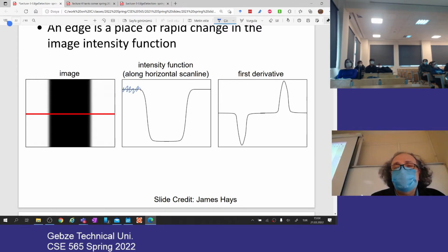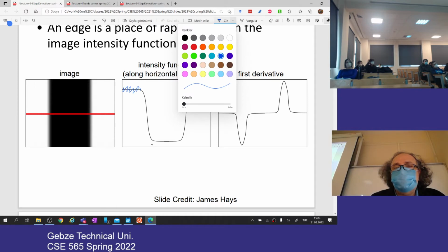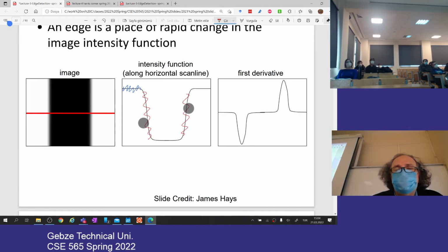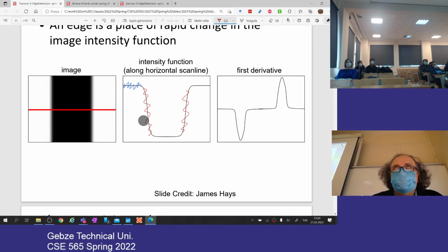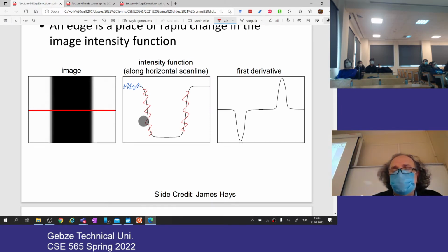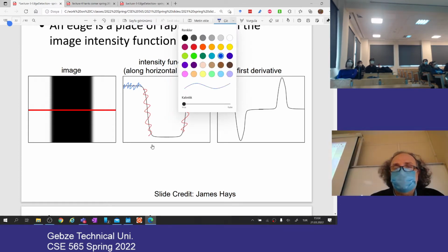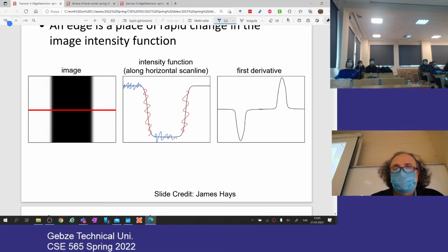There is a very sudden change around here and around there. So my derivatives will be very different from 0 at these two locations. Here my derivatives will be negative and large. Here my derivatives will be positive and large. But other areas, like this place and this place, my derivatives are 0.